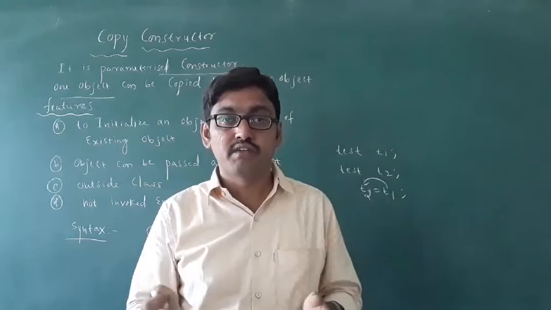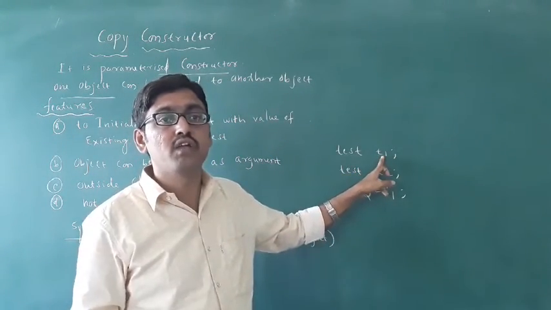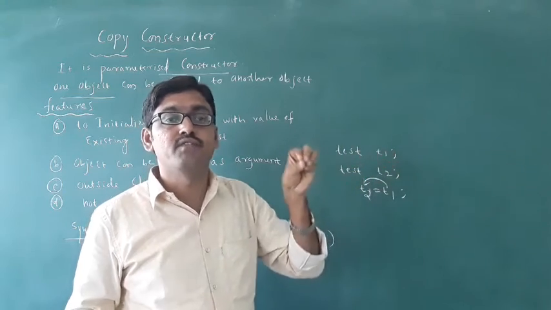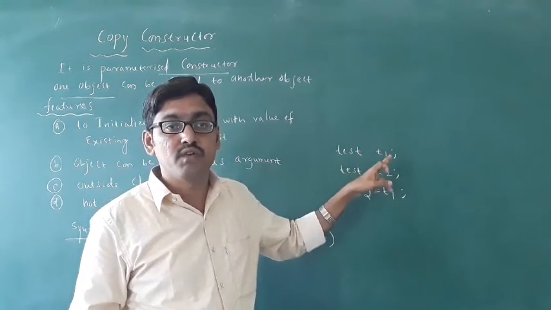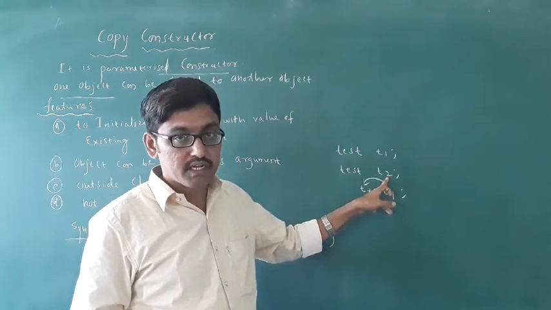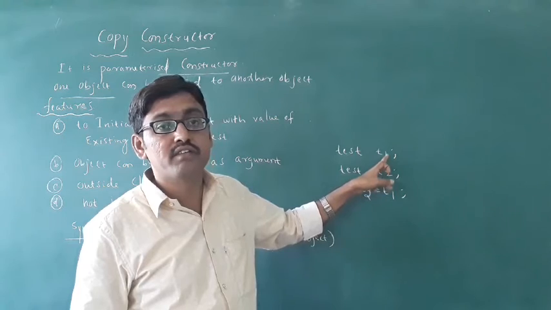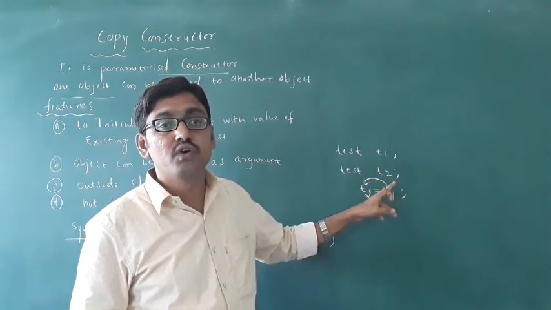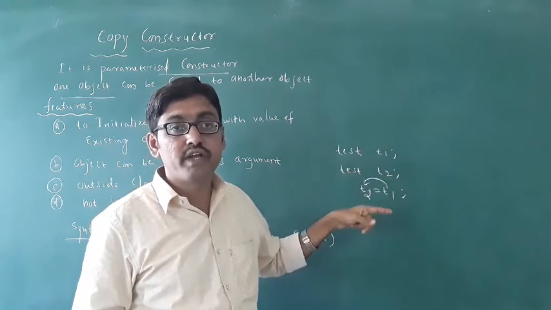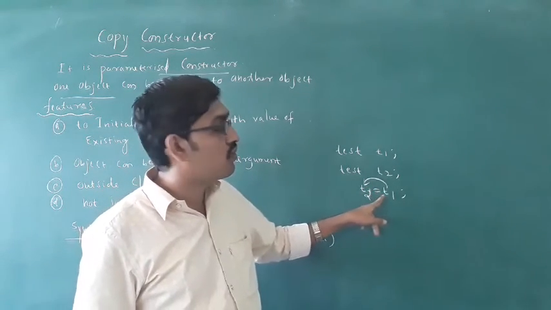For example, I am taking the value of t1 as 25. If t1 has a value, I want to put the same value in t2. See, t1 has the value 25, and I want to copy that 25 to t2. What do you have to do? t2 equal to t1.